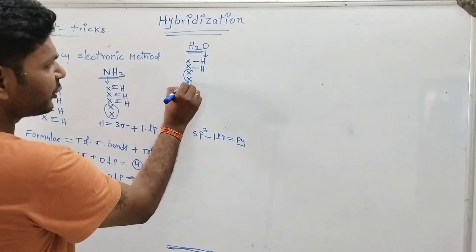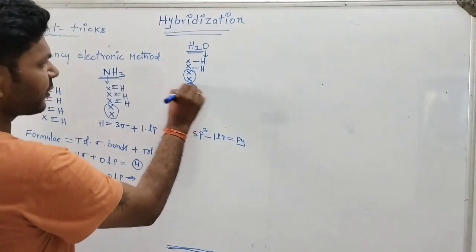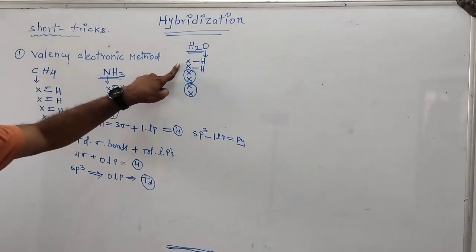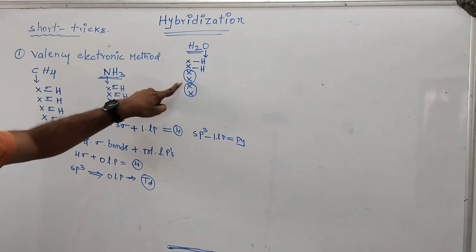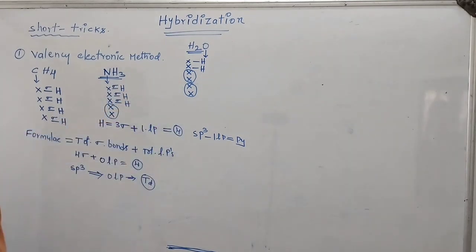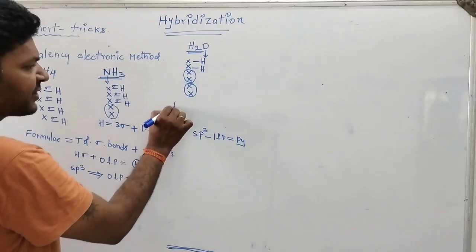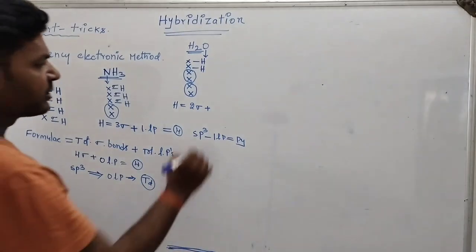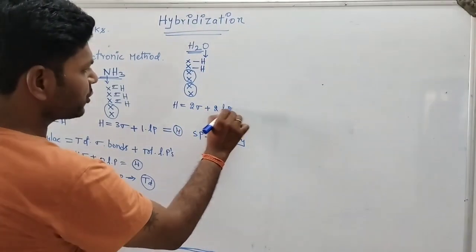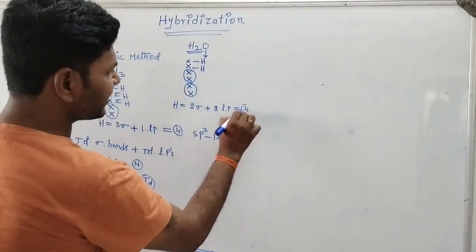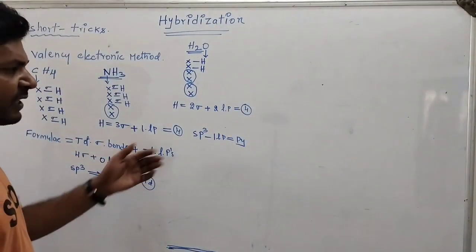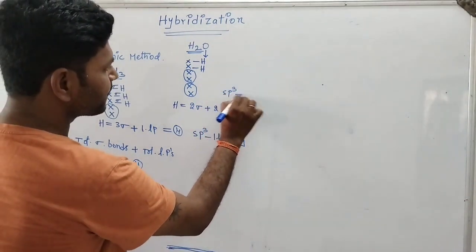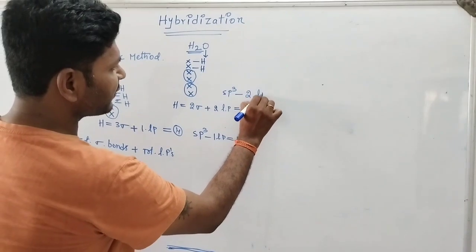We need to convert them into pairs, 2 electrons as 1 pair. So there are 2 sigma bonds with 2 hydrogen atoms, and the remaining 4 electrons are converted into 2 lone pairs. So hybridization H equals 2 sigma bonds plus 2 lone pairs. The resultant number is 4. If the resultant number is 4, it means sp3 hybridization with 2 lone pairs of electrons.